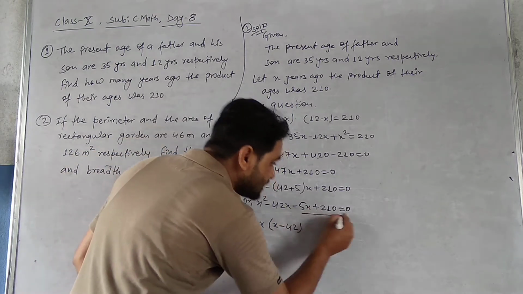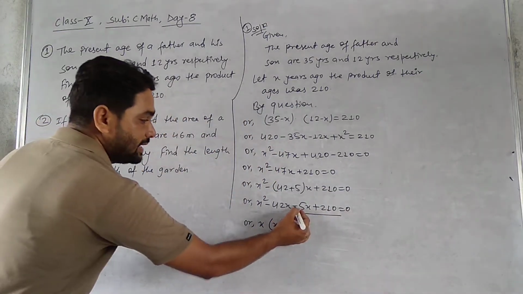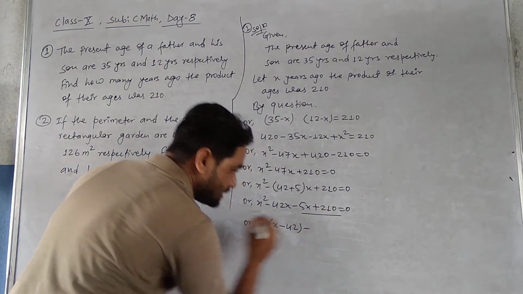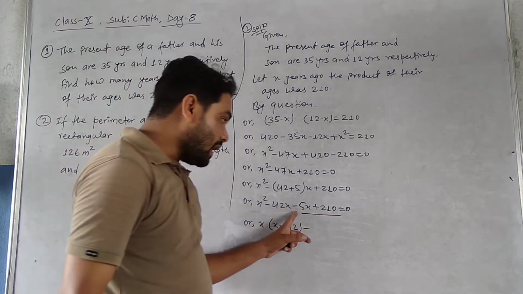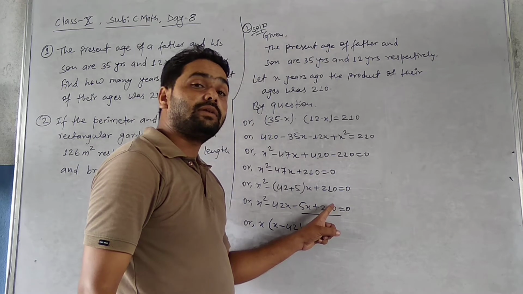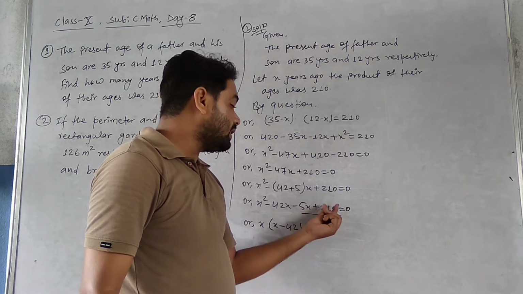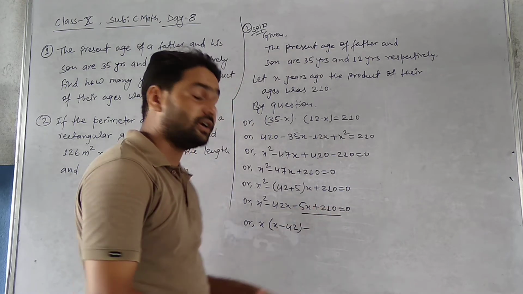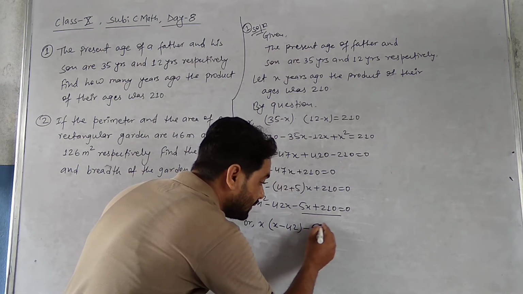Now of this term, minus sign is here, so take out minus as a common. Here it is 5, here is 210. In the 210 factor we find 5, that's why 5 as a common.